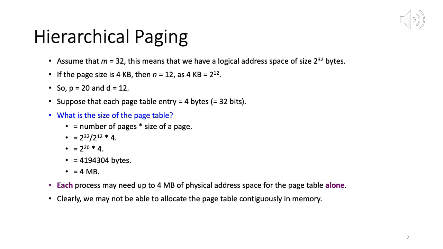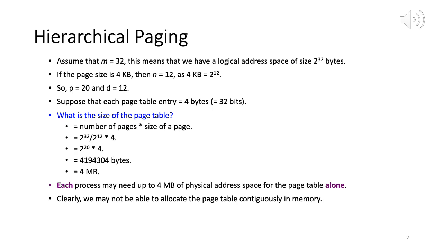The size of the logical address space is assumed to be 2 raised to m bytes, which means m is the number of bits in the logical address. So if the logical address has m bits, then using those m bits we can effectively address 2 raised to m bytes.